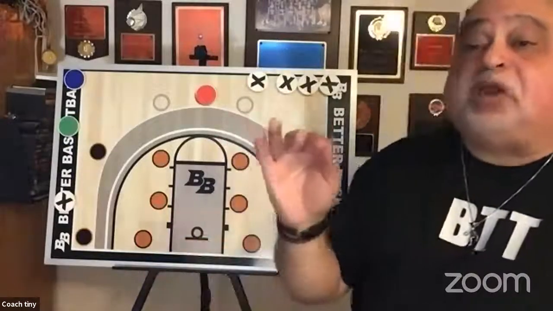If you have a play that is the same options over and over, you're one-dimensional. But when you get scouted, they will find a way to take one of those pieces out of the puzzle so you don't have flow in your offense. With the read and react, you cannot do that because it's not one-dimensional.